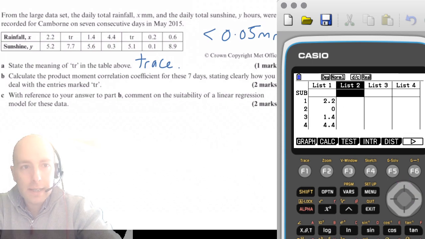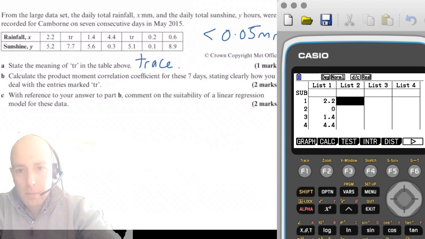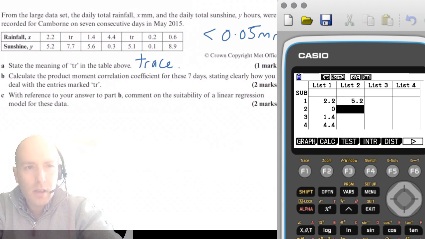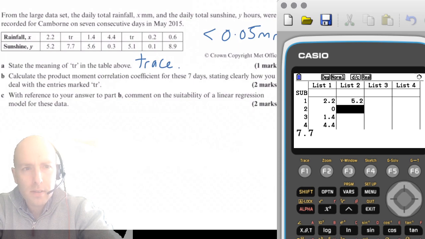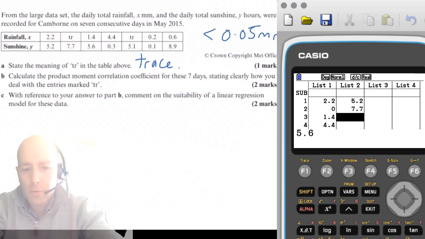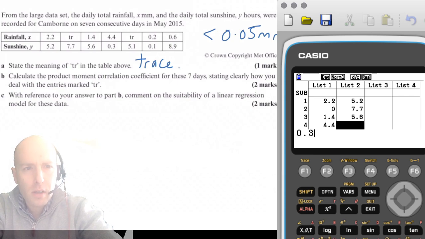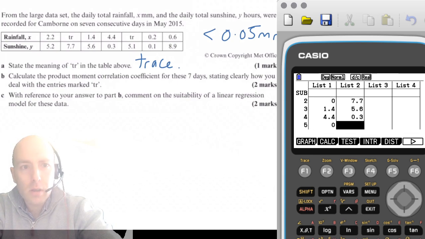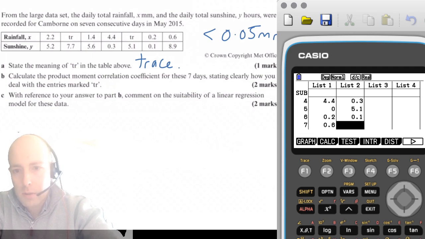And then try and fill in list 2. So 5.2, 7.7, 5.6, 0.3, 5.1, 0.1, and 8.9.